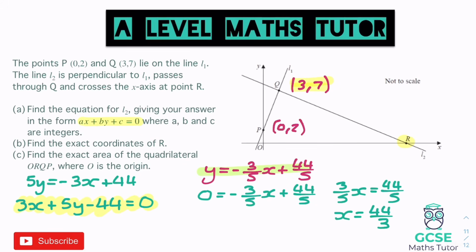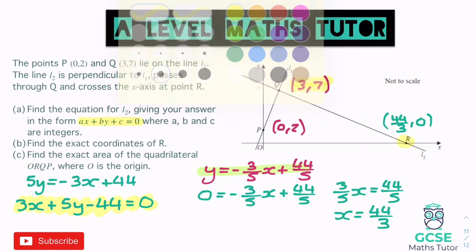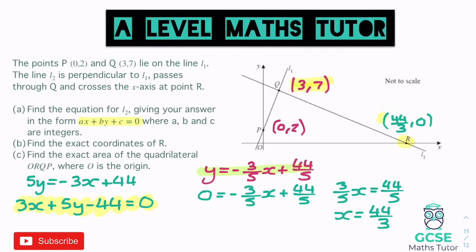So there is our x coordinate, and obviously we know that the y coordinate is 0. So the exact coordinates of R are 44 over 3 and 0. Let's just highlight that to indicate our final answer there.